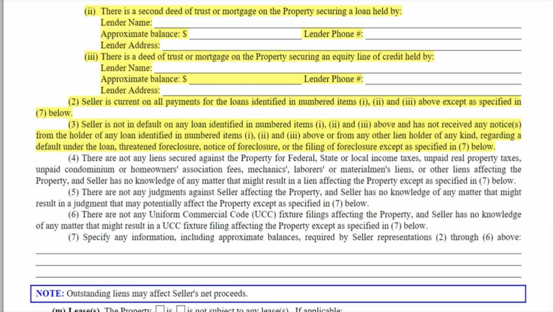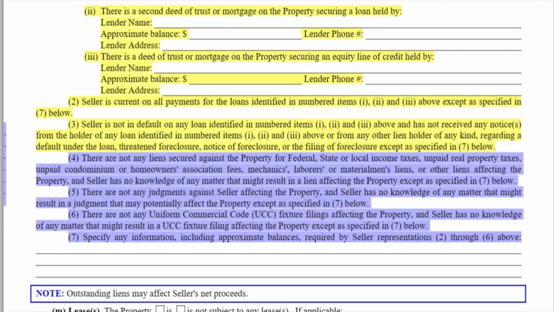The seller is not in default on any loan identified in items 1, 2, and 3 above, and has not received any notices from the holder of any loan identified in items 1, 2, and 3 above, or from any other lien holder of any kind regarding a default under the loan, threatened foreclosure, notice of foreclosure, or the filing of foreclosure except as specified in 7 below. And then we're going to go through 4, 5, and 6 to 7.